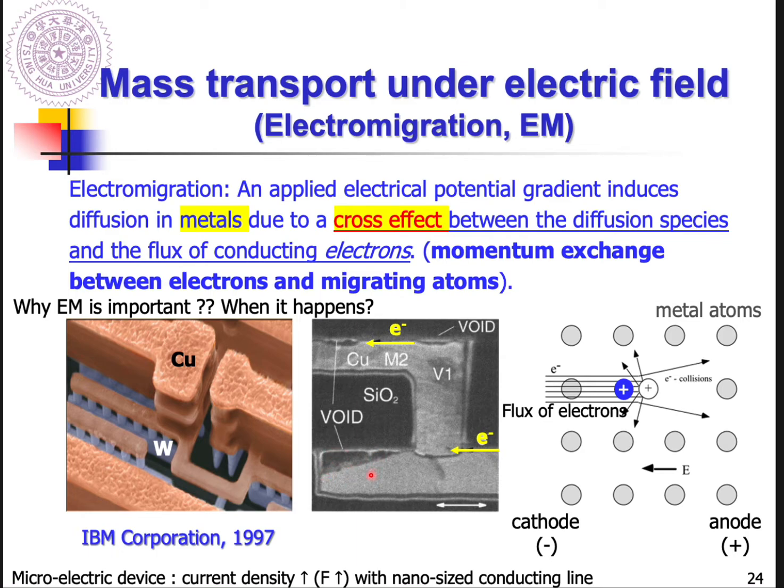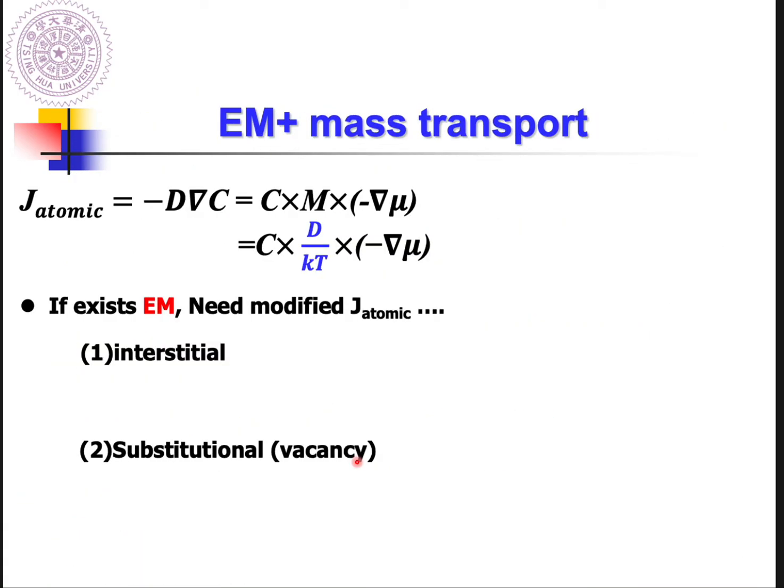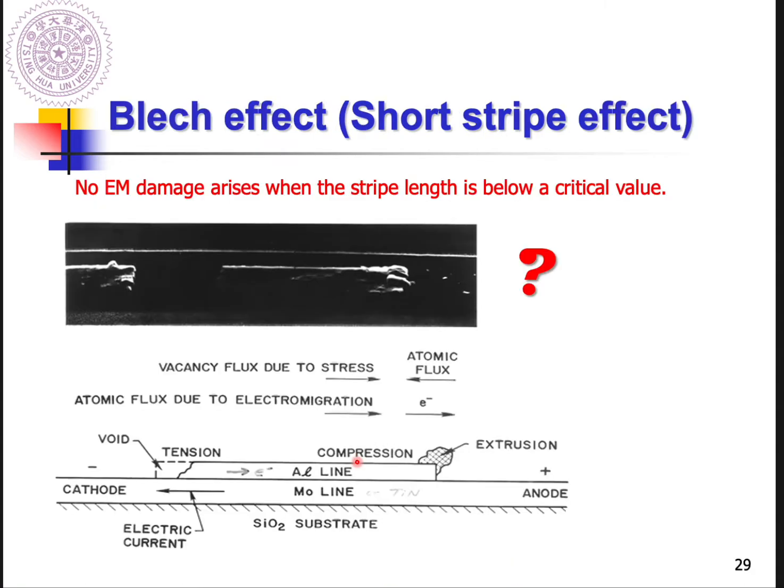This is the evidence of the secondary effect we call the current crowding effect, what we just mentioned. So this is the evidence demonstrating the existence of this secondary effect happening in our connecting line. So, okay, let's move back.